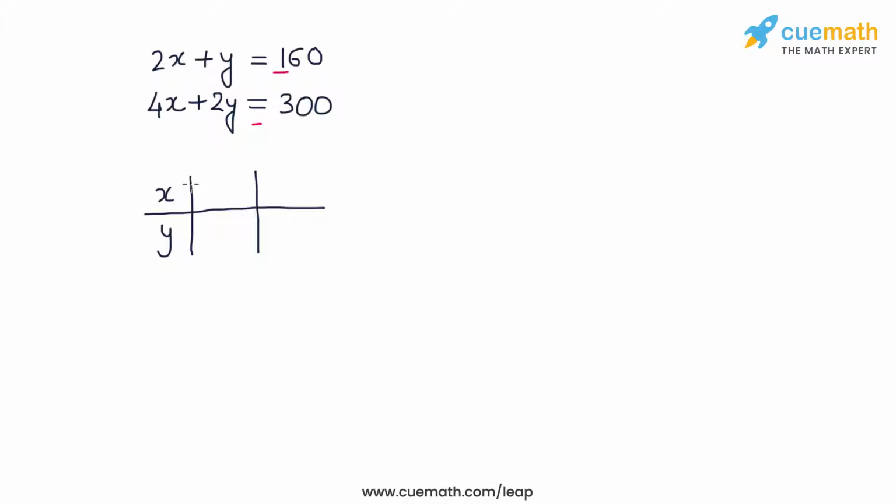I will take values which are multiples of 10 because that will make it easier to plot those values on the graph. So if I take x equal to 20, what do I get? I get 2x or 40 plus y equal to 160, which means that y equal to 120. So corresponding to x equal to 20, y is equal to 120.